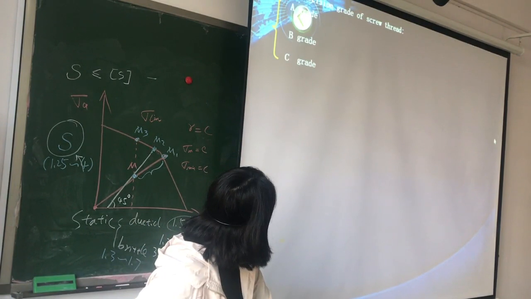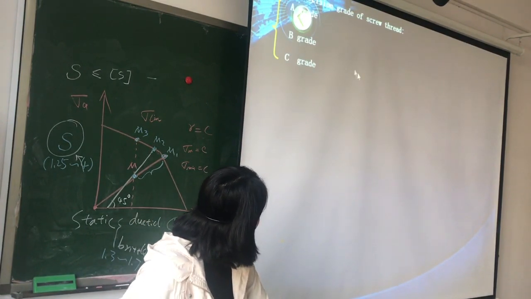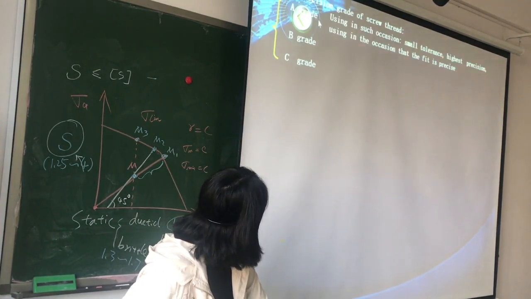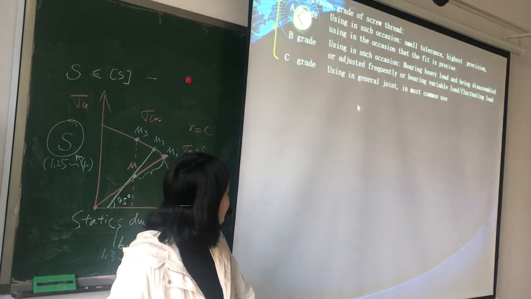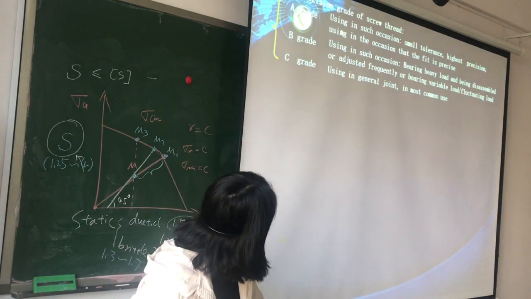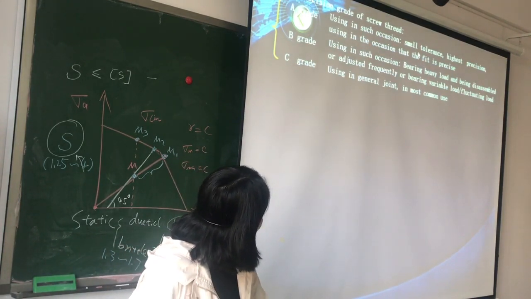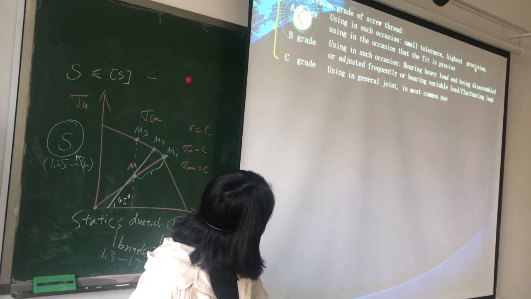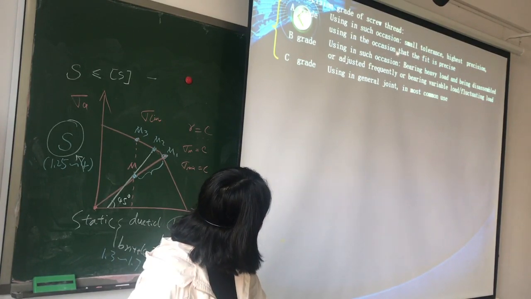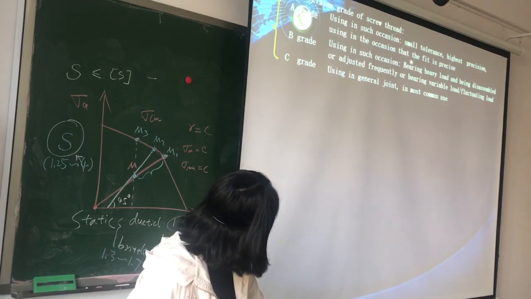There are 3 grades for screw thread: A grade, B grade, and C grade. A grade is used for small tolerance, highest precision, in the occasion that the fit is pressed.